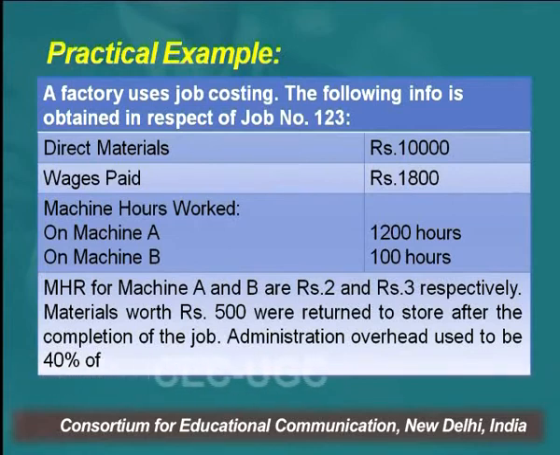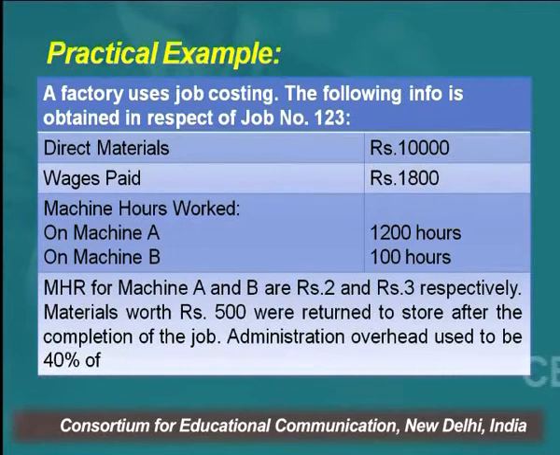MHR means machine hour rate, right. See, for overheads there is always a rate, because overhead divided by the basis is called overhead rate, right. So machine hour rates for machines A and B are rupees 2 and 3 respectively. What do you mean by machine hour rate of rupees 2 and 3 respectively? What it means is that if machine A works for 1 hour, the charges will be rupees 2.